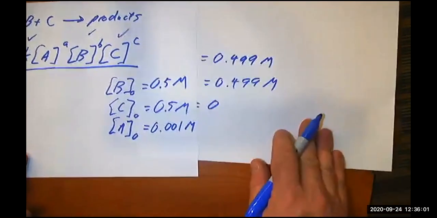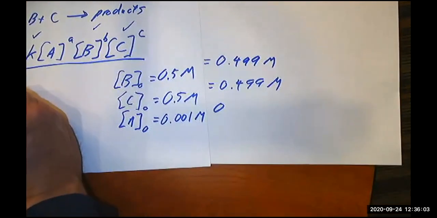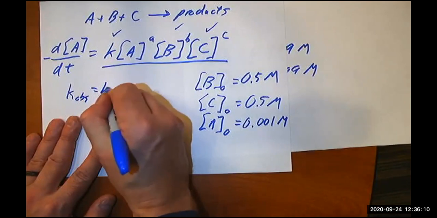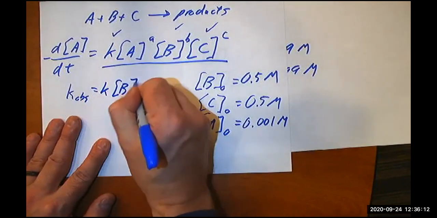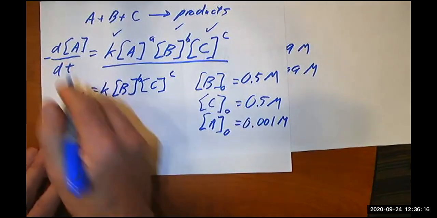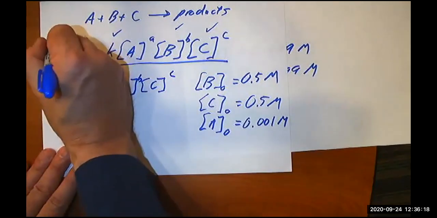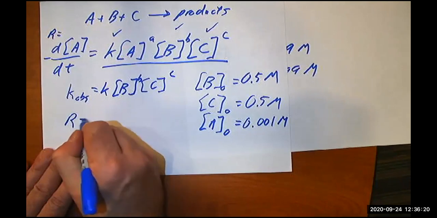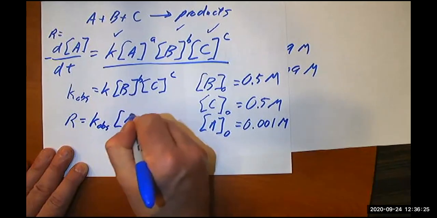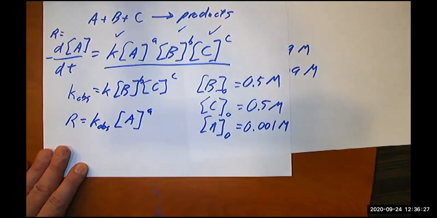And so let's fold them all together so that we have something we're going to call K observed, off the side. K observed is going to be K concentration of B to the B, concentration of C to the C, and then that lets us rewrite our rate. So our rate is going to now be K observed times the concentration of A to the A.